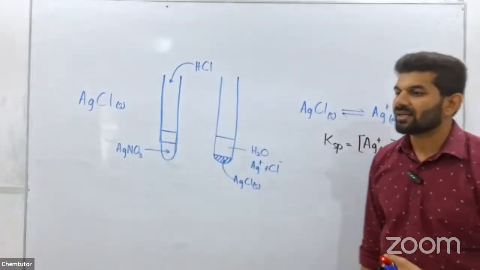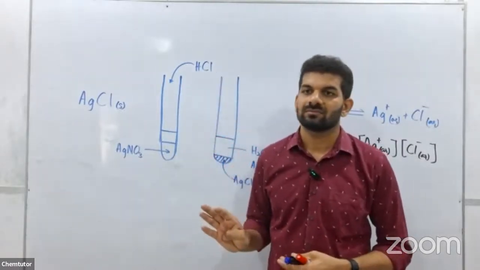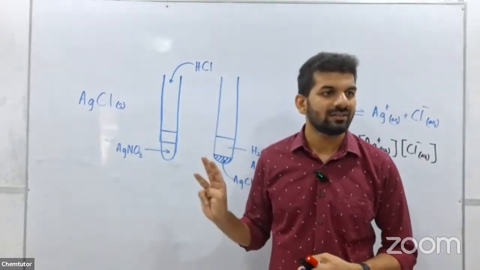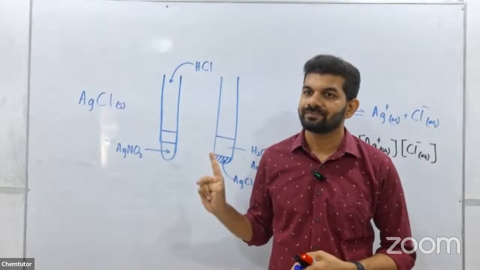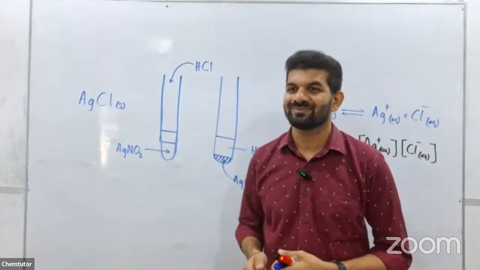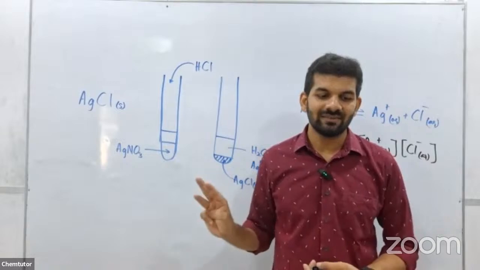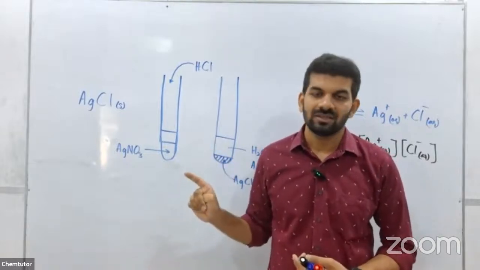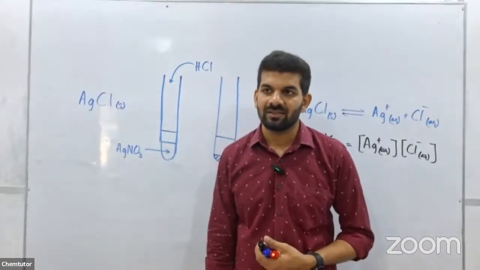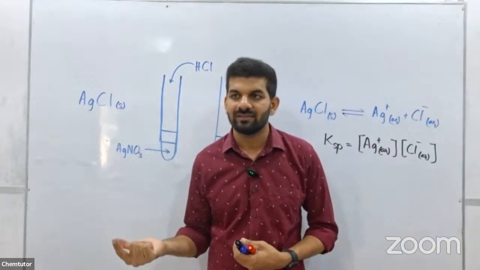So in the group 1 cation analysis, we are precipitating 3 precipitates. What are they? In the group 1 analysis: silver, lead, and mercury. At least you can refer to the table. It's okay, I have given you to refer, right? So it is silver, lead, and mercury. They will precipitate as their chlorides, and all 3 are white precipitates. Then to precipitate them, we are adding dilute hydrochloric acid, right?